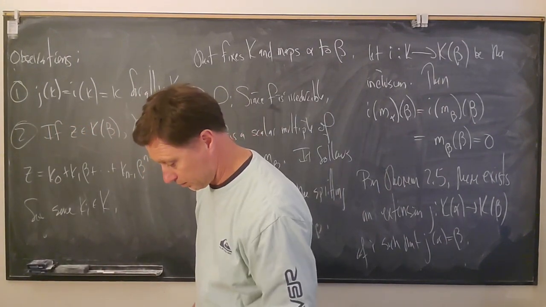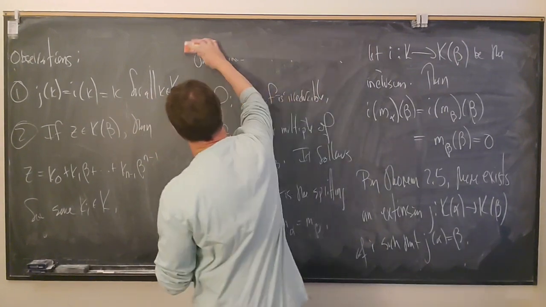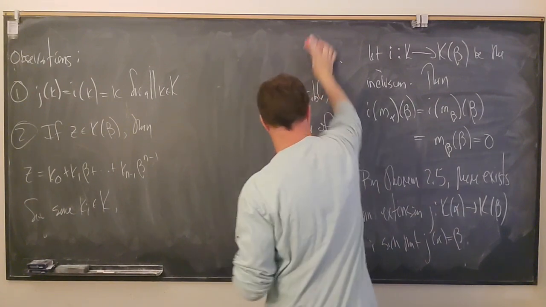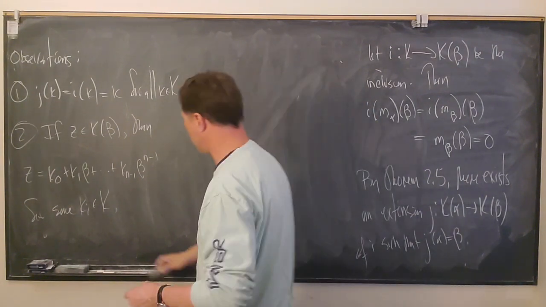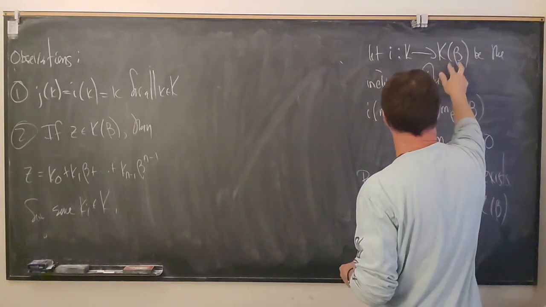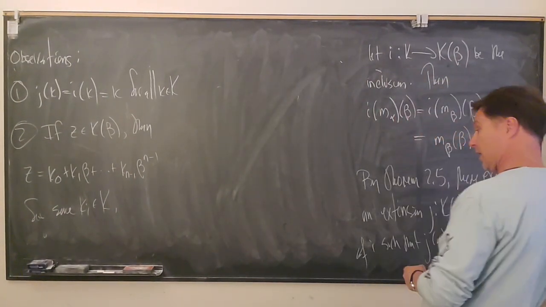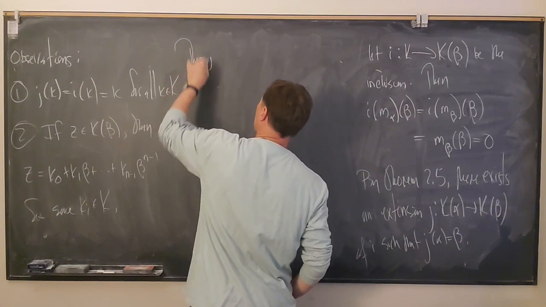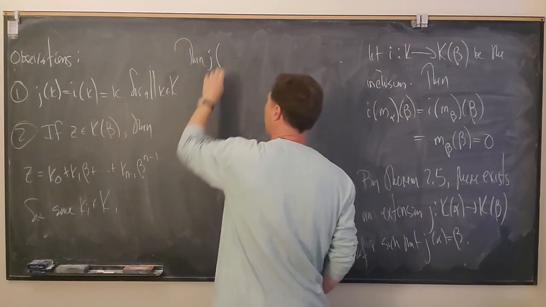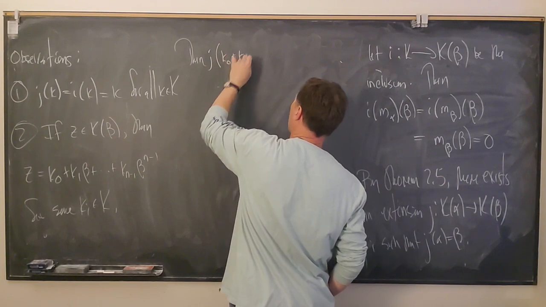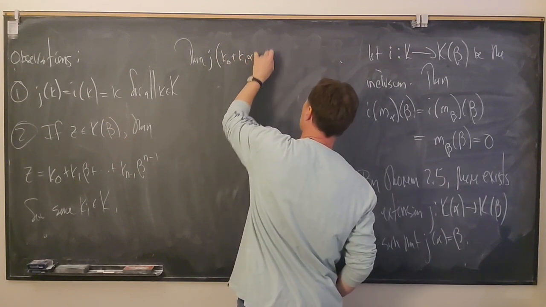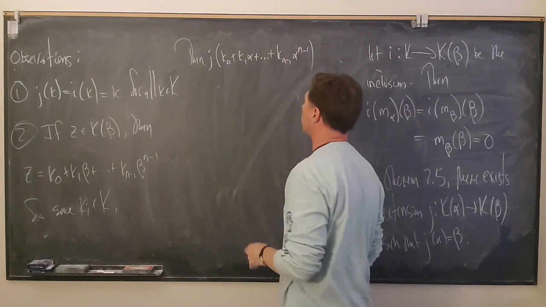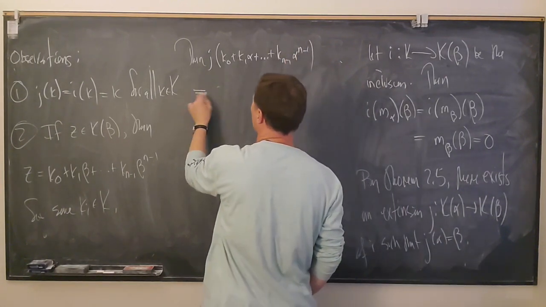So then, I'm just saying what things look like in the codomain here. If I look at J of k0 plus k1 alpha plus dot dot dot plus k n minus 1 alpha to the n minus 1, well, what's going to happen?